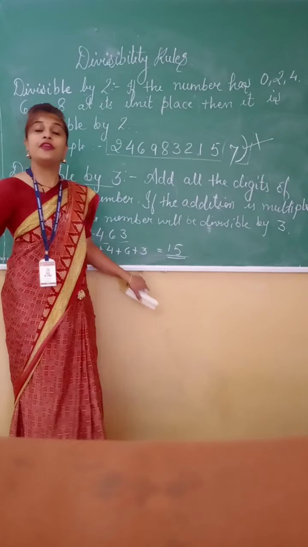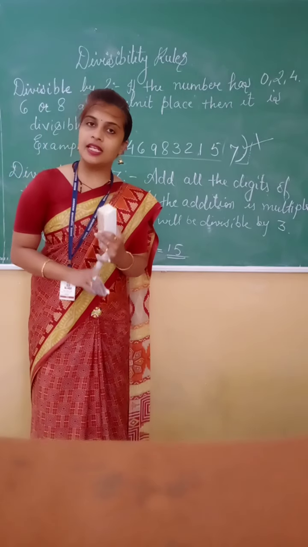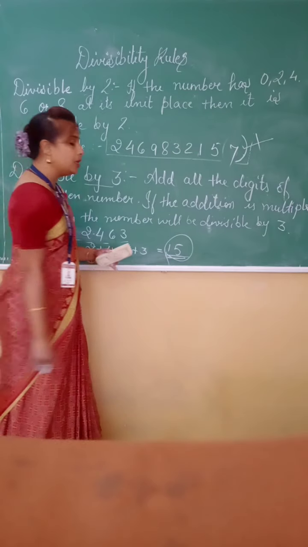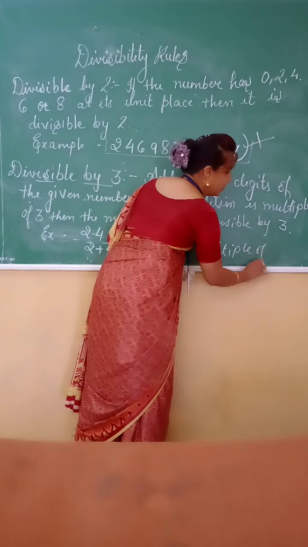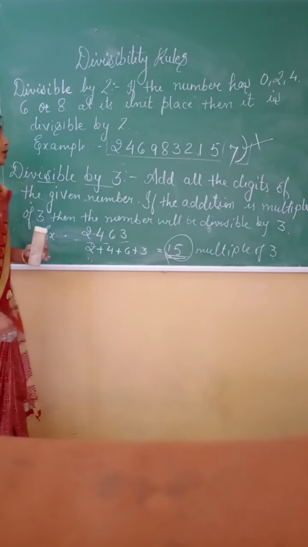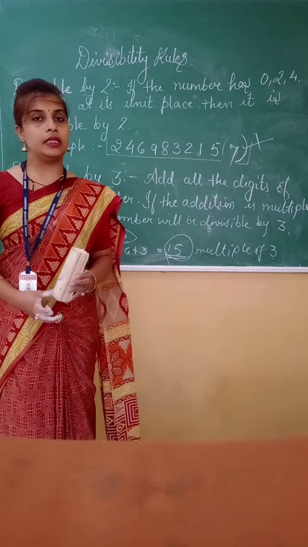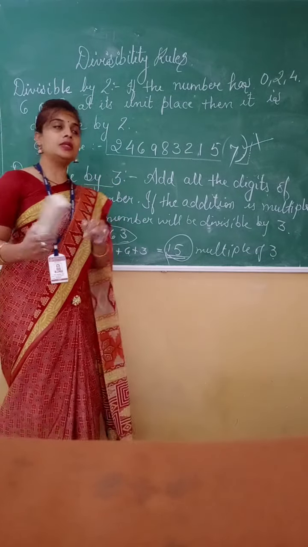Now check whether 15 is a multiple of 3 or not. Yes, 15 is a multiple of 3. If the sum is a multiple of 3, then the whole number will be divisible by 3. It will get divided by 3. Got it? Now the next one.